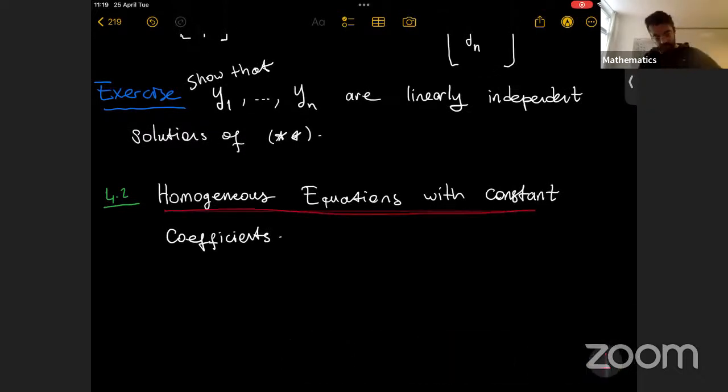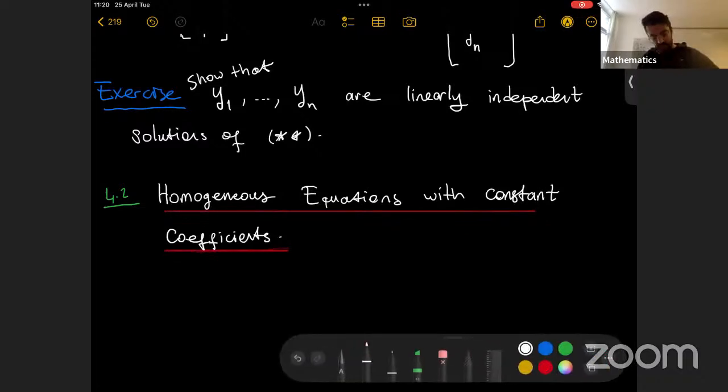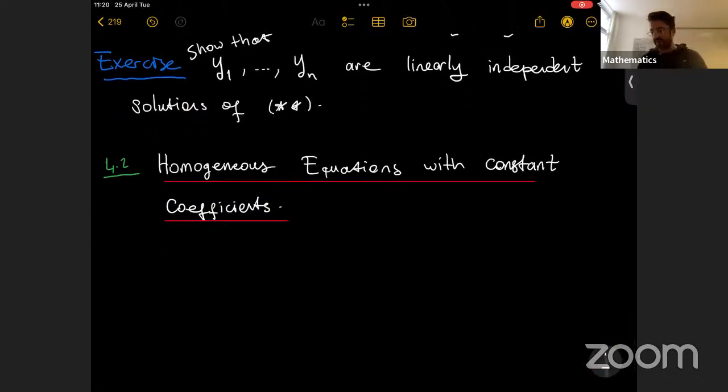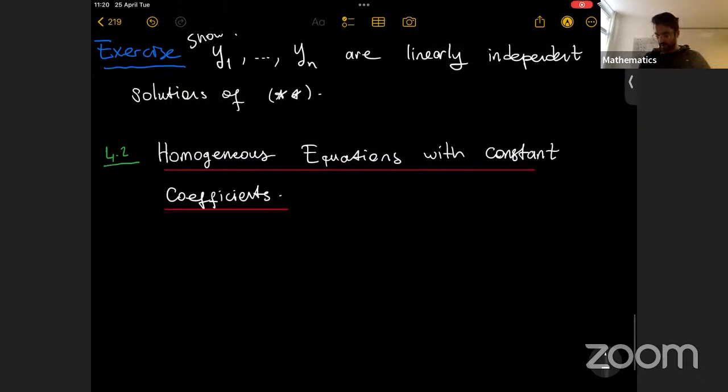Well, in this method, we will work with constant coefficients, otherwise it is not an easy question. So we will consider basically something like this.